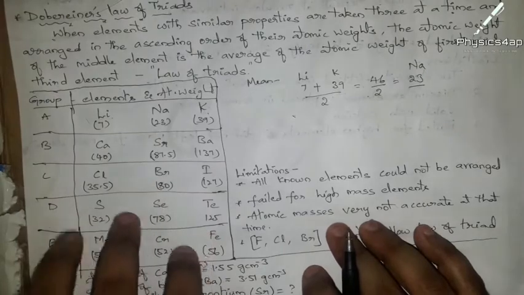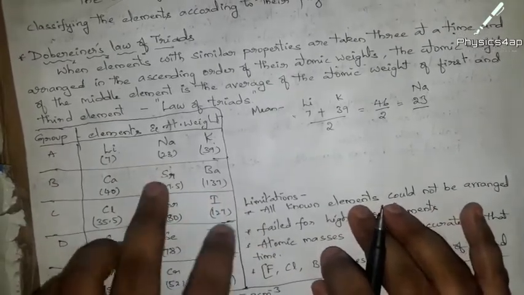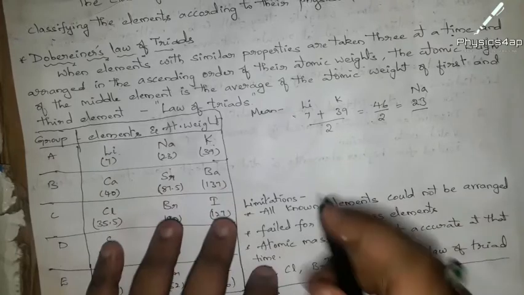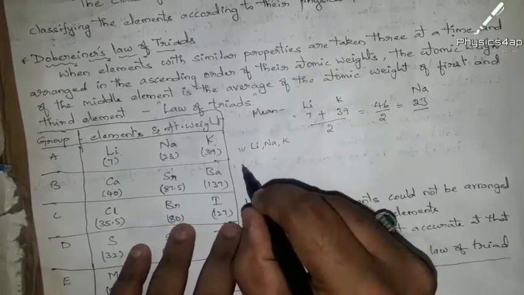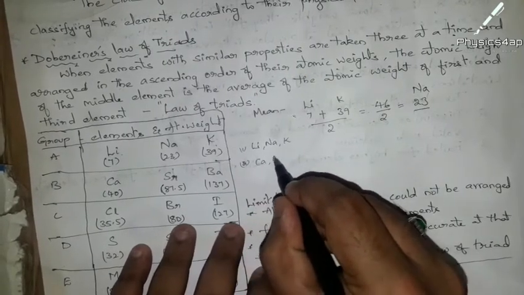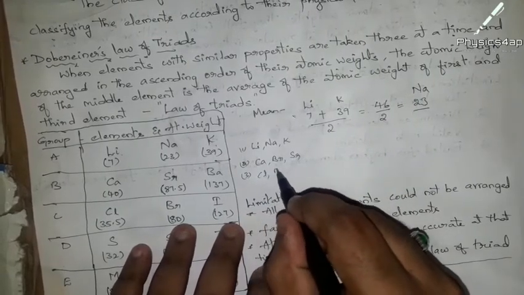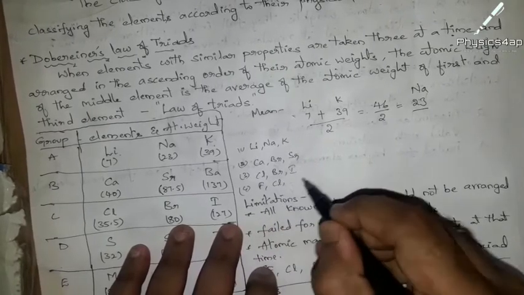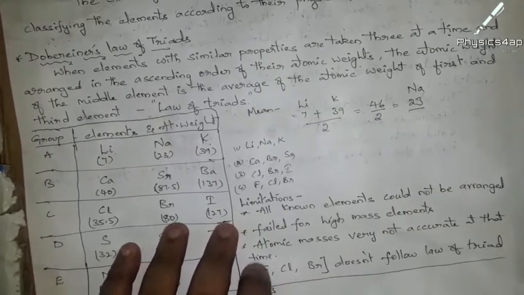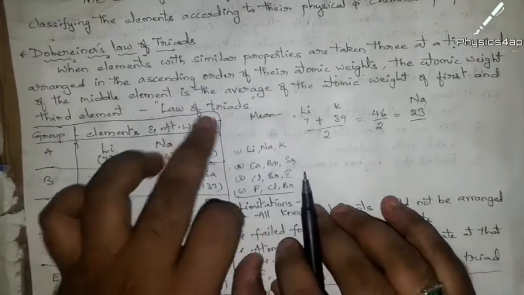In some competitive examinations they may give options like lithium, sodium and potassium; calcium, barium and strontium; chlorine, bromine and iodine; and fluorine, chlorine and bromine, and ask which of the following follows the law of triad.